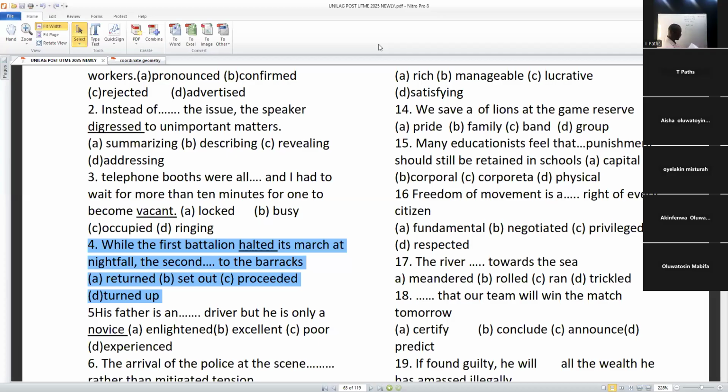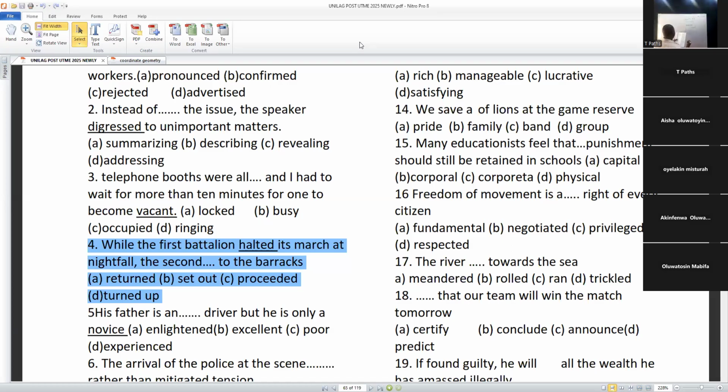All right. While the 1st battalion halted, the word halted was what was underlined, it marched at nightfall. The second dashed to the barracks. A, we have returned.